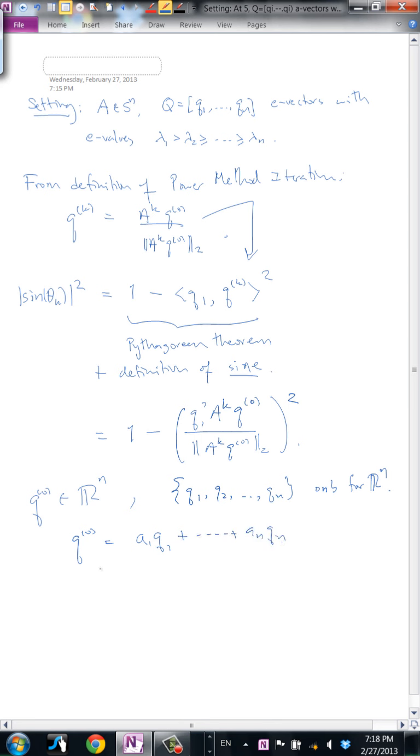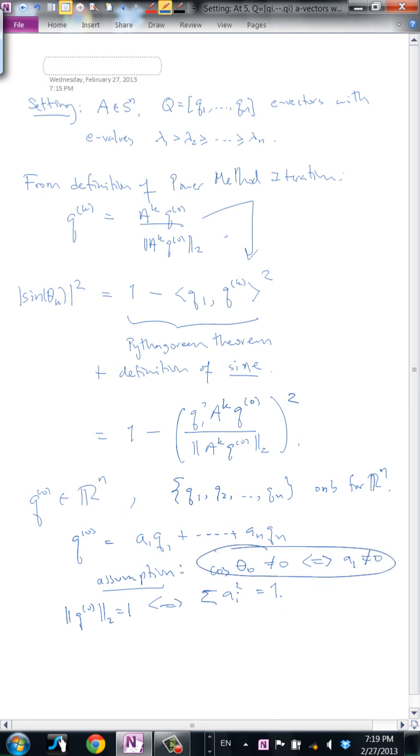And recall the key assumption that cosine of theta 0 is different from 0. This is basically equivalent to writing that a1 is different from 0. And I should add that because q of 0 is normalized, this is the same as writing that the sum of ai squared is equal to 1. Okay, so this is our key assumption.